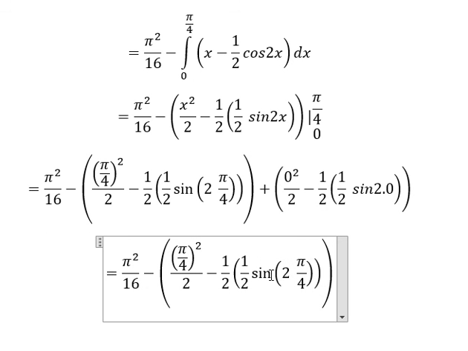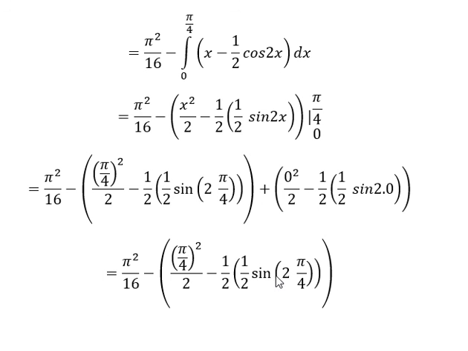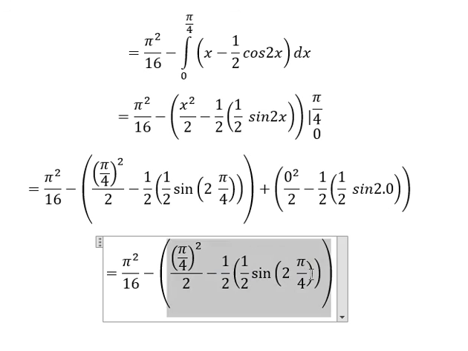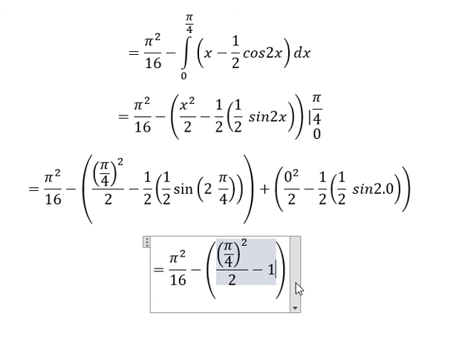Now we have sine pi over 2, and that is 1. So we have 1 over 2 multiplied by 1 over 2, we have 1 over 4.